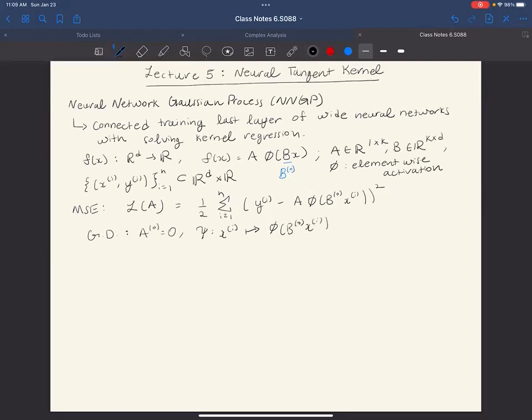And remember that anytime we have a feature map like this, we can write it in terms of a kernel. And so the corresponding kernel, which I'll actually denote by sigma, was just this inner product phi of B naught x, phi of B naught x tilde.